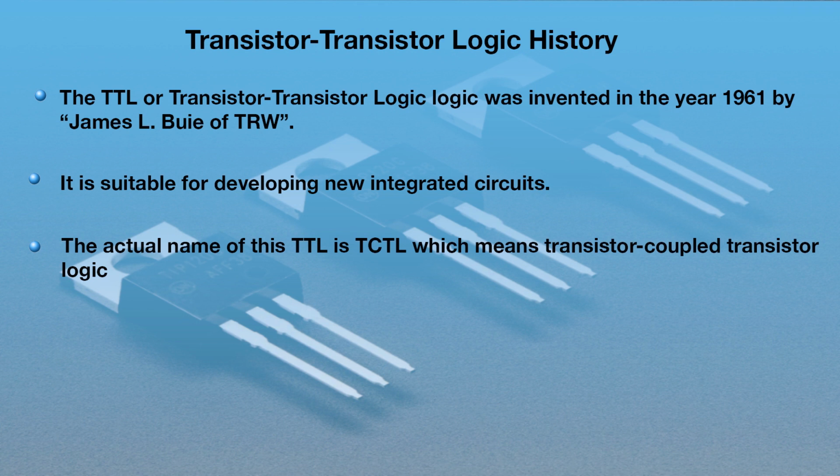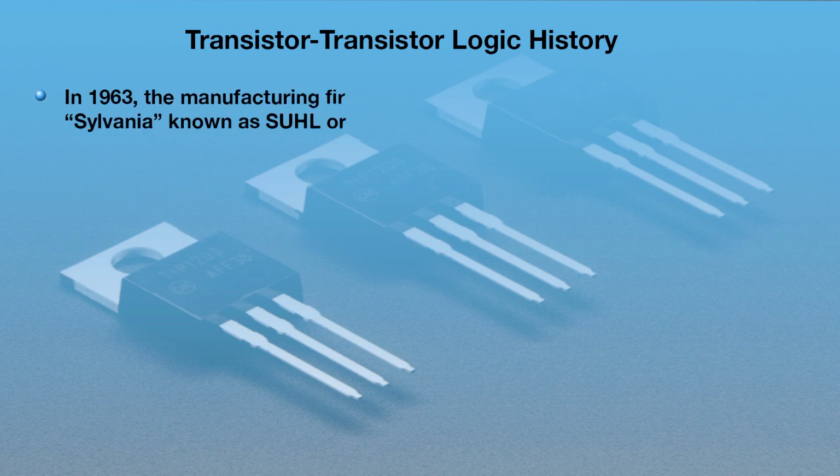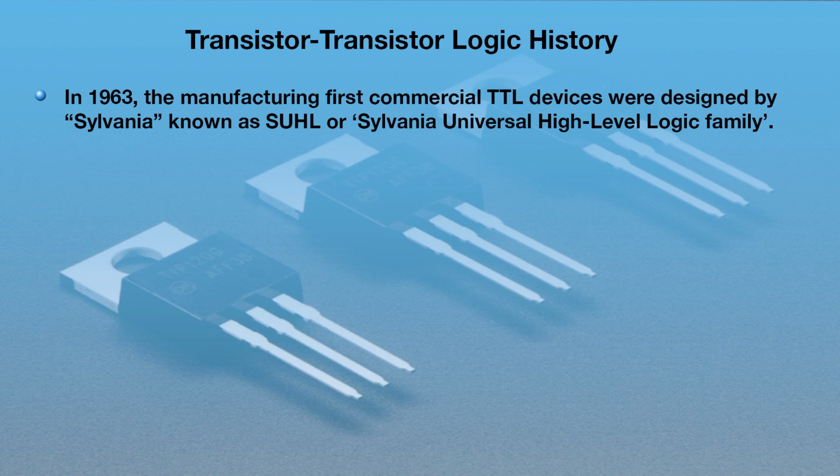The actual name of TTL is TCTL, which means transistor coupled transistor logic. In 1963, the first commercial TTL devices were designed by Sylvania, known as SUHL or Sylvania Universal High-level Logic family.